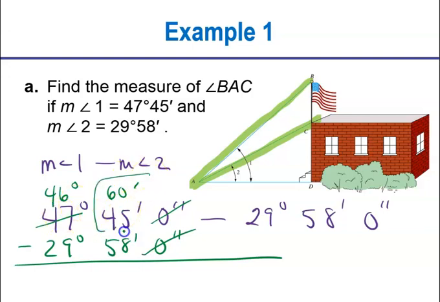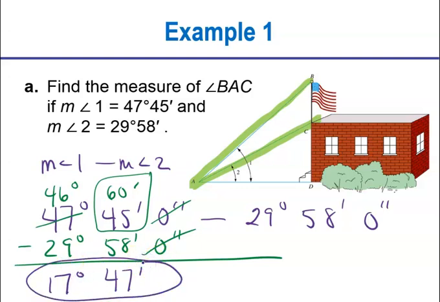So now I have 105 minutes minus 58 minutes. And that's going to give us 47 minutes. And then 46 minus 29 gives us 17 degrees. So I do believe that angle BAC is 17 degrees 47 minutes.